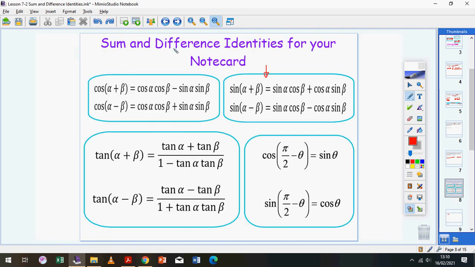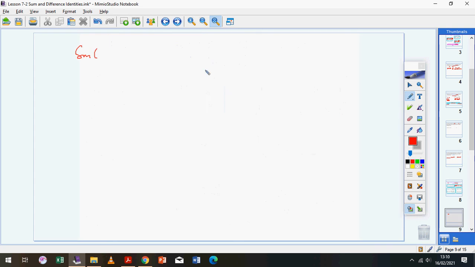So what it's saying is that if I have the sum of two angles, that's why it's called the sum identity, then the sine of that sum is going to be equal to sine of the first angle times cosine of the second angle plus cosine of the first angle times the sine of the second angle. I'm going to use x and y because I just like x and y.